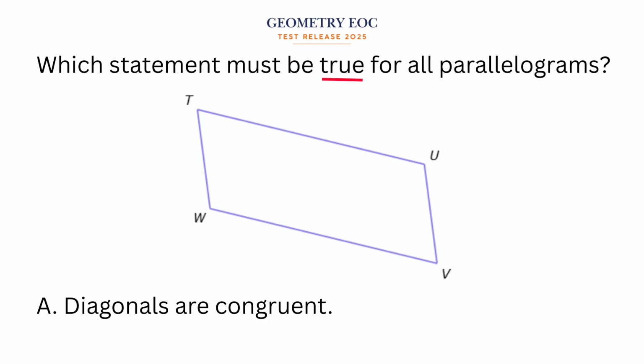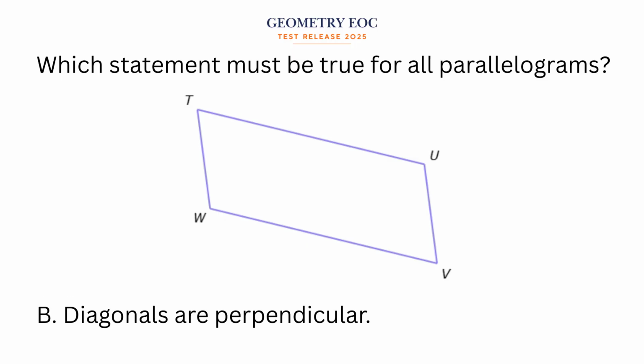Choice A. Diagonals are congruent. Is that always true? No, that only happens in rectangles and squares. So A is false. Choice B. Diagonals are perpendicular. Is that always true?